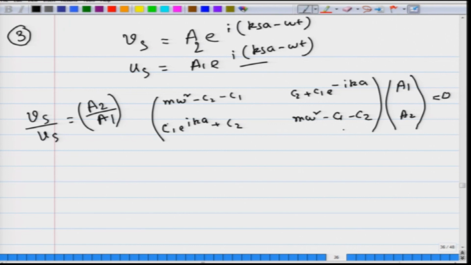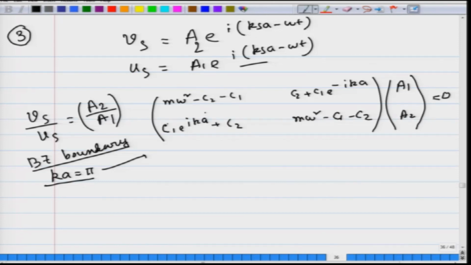This is just the equation we got, and we now put k equals to pi here. We are putting k equals to pi because we have been asked the question at the Brillouin zone boundary. At the Brillouin zone boundary it is k equals to pi.